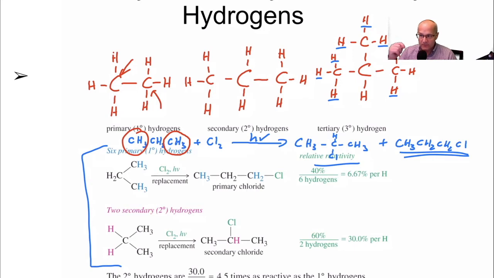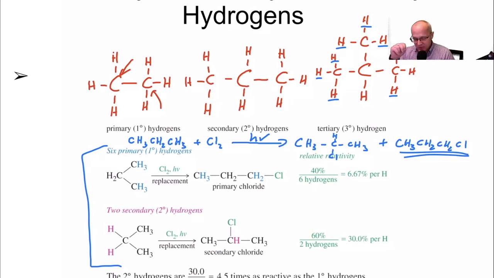So if the first step is hydrogen abstraction, there are 6 hydrogens on the primary carbons. The secondary carbon only has 2. So just by pure gambling odds, the collisions should occur more often at the primary carbons, not the secondary carbon, because there's only 2 of them, right?